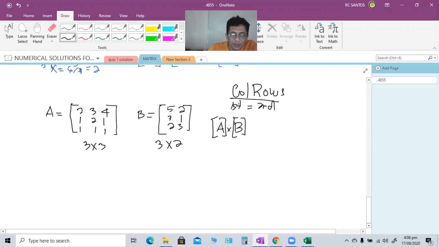A, matrix A times matrix B, ang labas niya, sabihin na lang natin is M. Yung size niya, ito yun. This is 3 by 3. Ito naman, 3 by 2. Yung labas niya is 3 by 2.